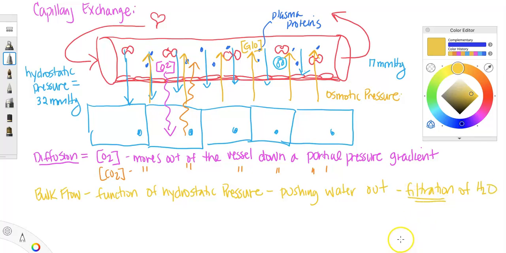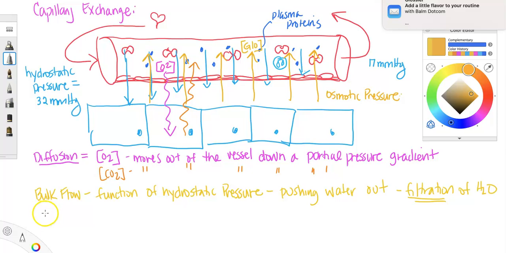So we're seeing filtration here. So the fluid is filtered out into the interstitial space from the capillary bed. It's pushed out through that hydrostatic pressure. And with it, some things will move. It'll be pushed out. Some stuff will go with it. Okay?